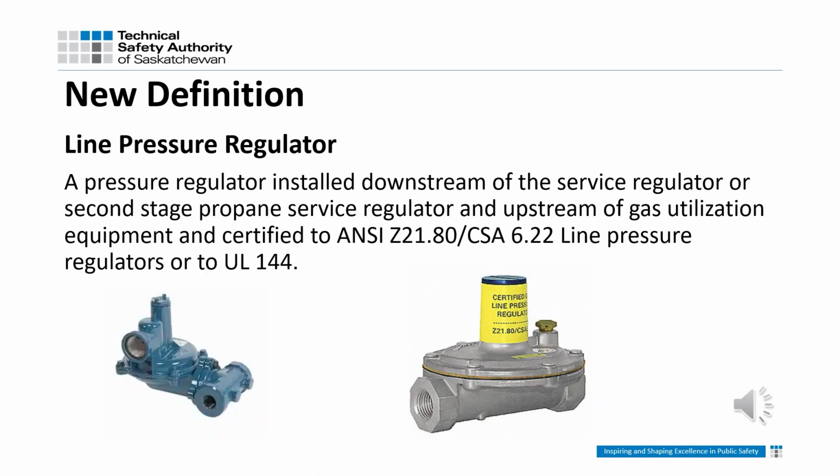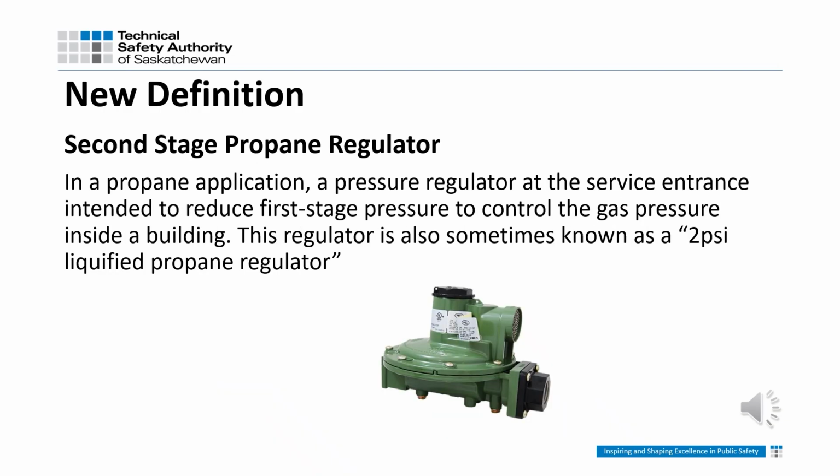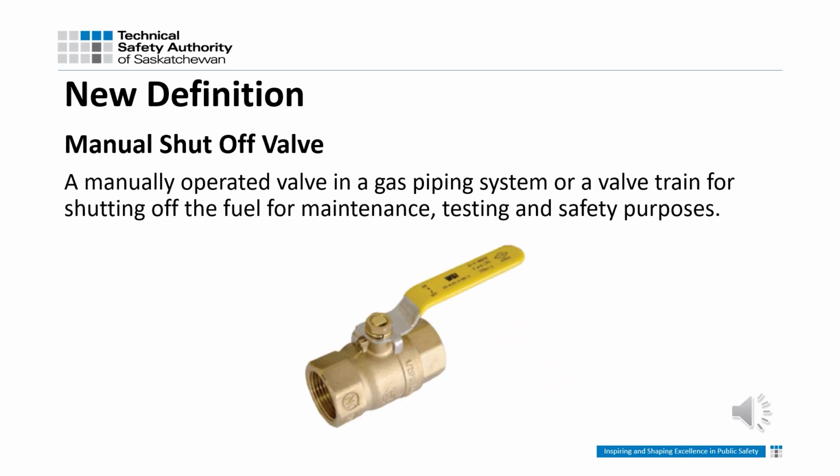Second stage propane regulator. This is a sub-definition under the listed definitions of pressure regulator. This defines the common second stage regulator used in the propane industry in the province. Manual shutoff valve now has a definition under the 2025 B149.1.